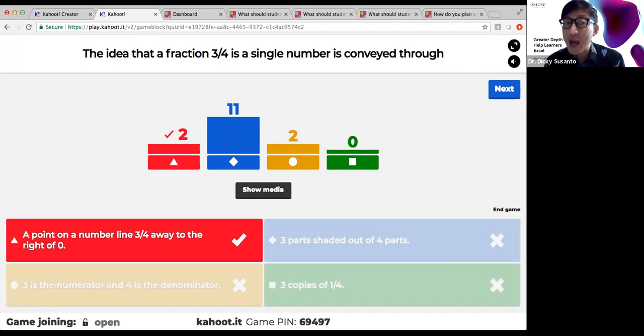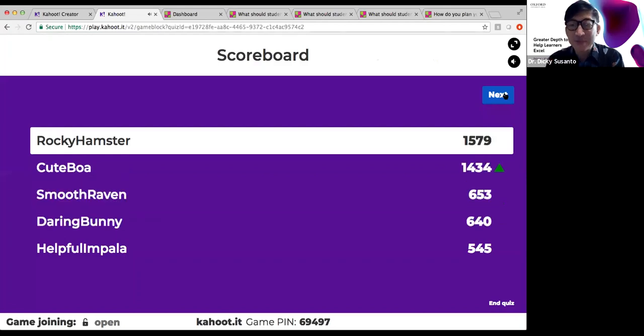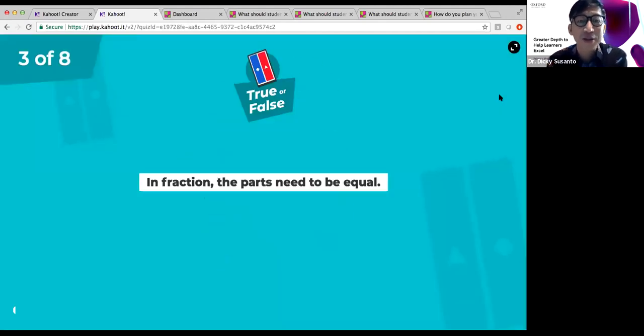And how do we do that? Okay, the number line is a very good model, a good representation of how we can show them it is actually a number on the number line. Okay, all right, let's see. Rocky hamster still rocking in the first place, followed by cute boa. Okay, let's go to the third question.